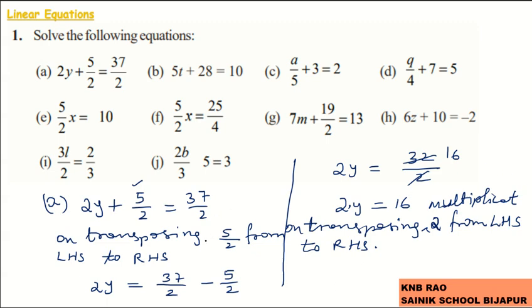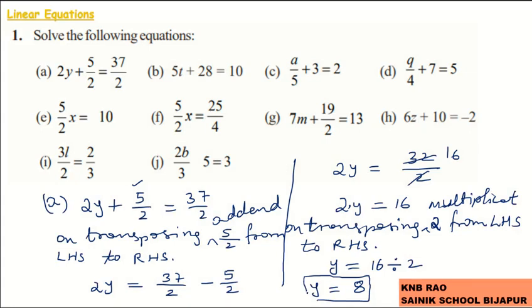Here specifically we can mention addend 5 by 2 from LHS to RHS. This multiplicand, if it comes this side, will be dividing. So 16 divided by 2 gives y as 8. So y equals 8 is called the solution. The final conclusion is that y equals 8 is the solution of the equation.